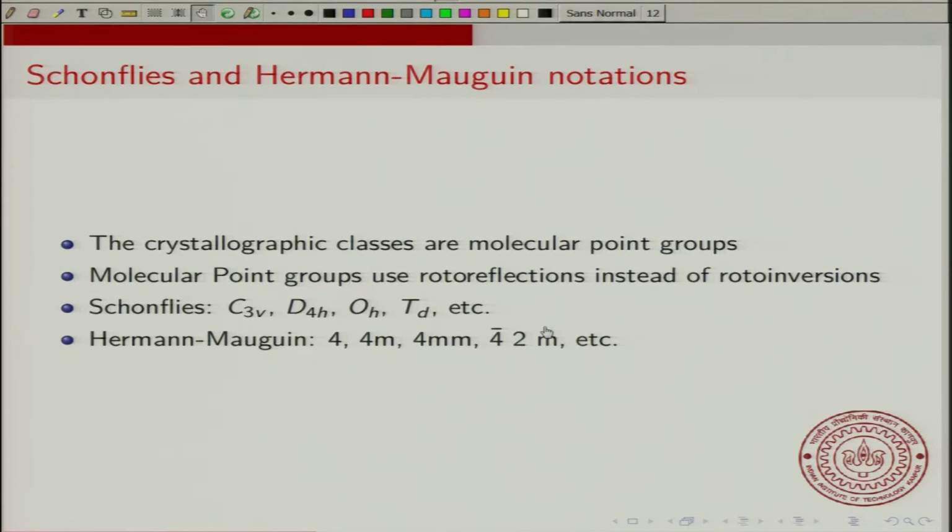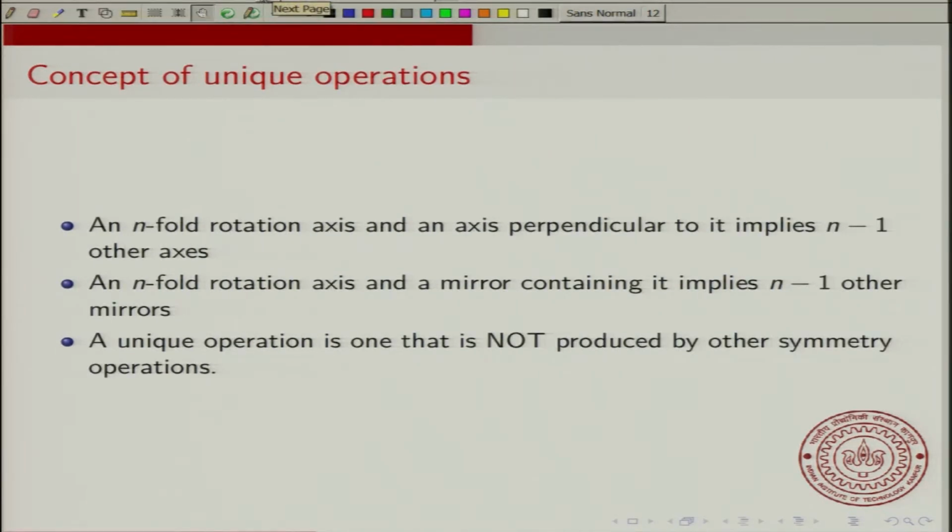Now in order to understand the Herrmann notation in particular, we need a concept called unique operations. The idea is that if you look at the total number of symmetry operations, so I will just step back a little bit.